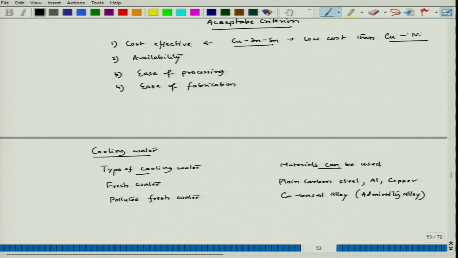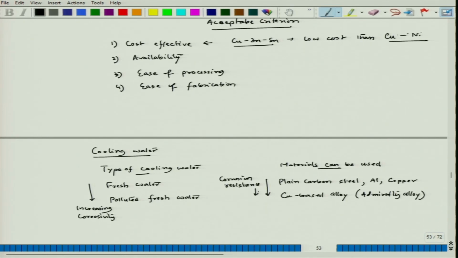Now, we can see that the corrosivity is increasing. At the same time, corrosion resistance is also increasing in this way.